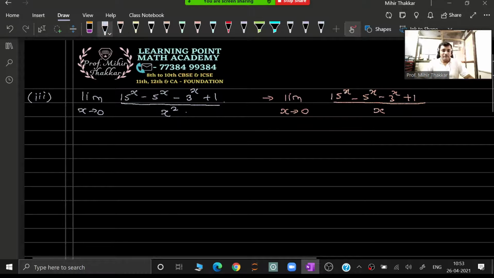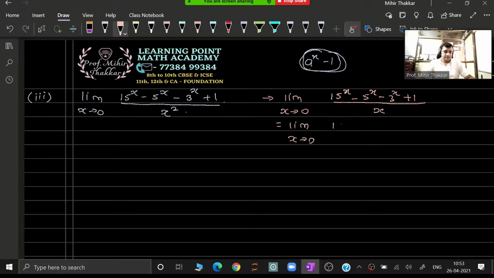I just know my formula. The formula is like this: a raised to x minus 1 upon x, but I am not worried about the denominator x. I am more worried about adjusting this element over here. If I want a raised to x minus 1, what I will try to do is write it like this. See, just observe very carefully guys. I can write it like this: 15 raised to x minus 5 raised to x.